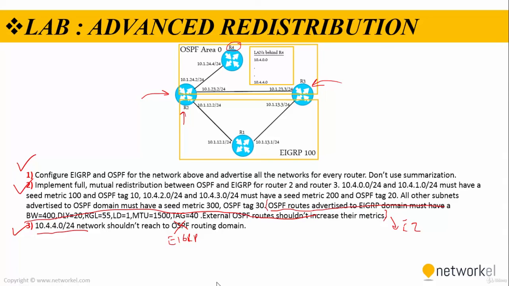Then you can set the tag values and you can set the metric in the route map by using the set statements. That's pretty straightforward. Then what you do is define the redistribution by the route map that you created. Okay, that's pretty cool, that was a really cool session, and thanks for viewing.